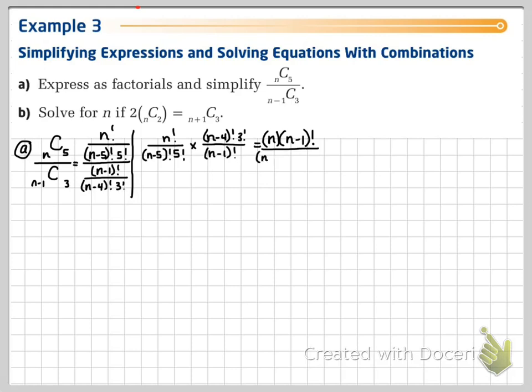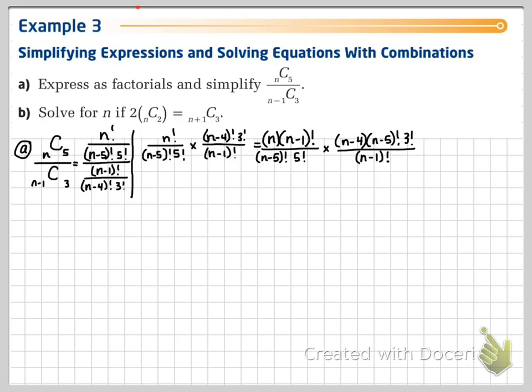Then on the bottom, that won't change. On the top, on the other side, this is going to be written as n minus 4 times n minus 5 factorial times 3 factorial, of course, over the bottom, which is n minus 1 factorial. That we're not going to change. So we just changed two things there.